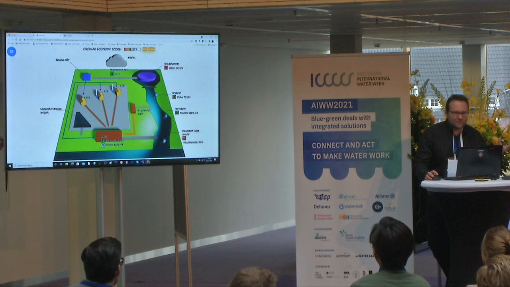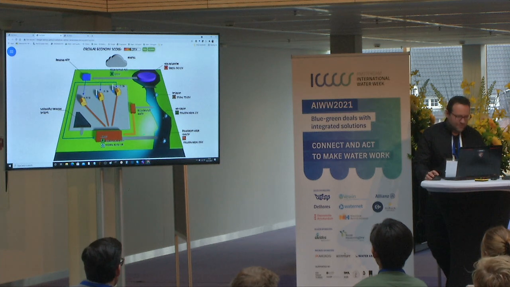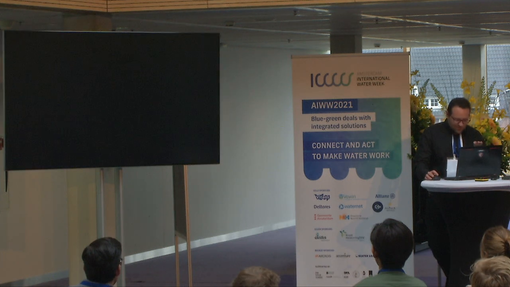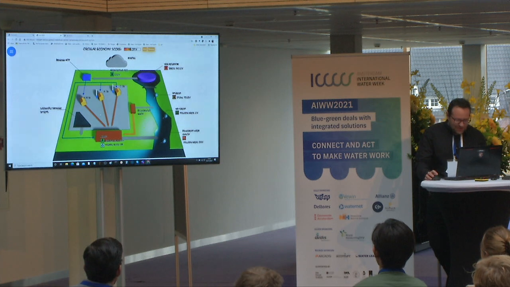Let's say in a third of the town, implement one type of technology, another third implement something else, and see what the effects are overall. Once the water is used in the household, it becomes wastewater, and it's then treated in the big brown box that you can now see at the very bottom, which is our primary wastewater treatment plant.